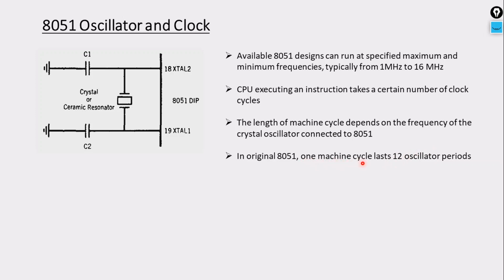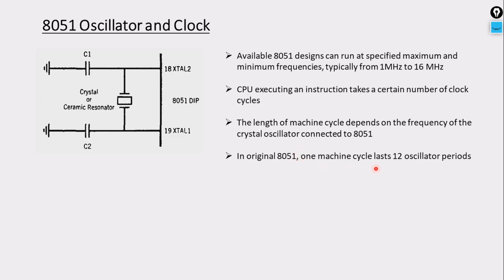This machine cycle count depends on the instruction; different instructions have different machine cycles. If the instruction is very small, then only one machine cycle is required. If the execution of the instruction is a bit larger, then it might go to 2 or 4.